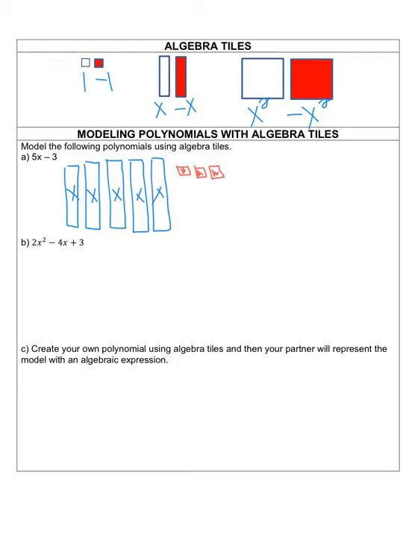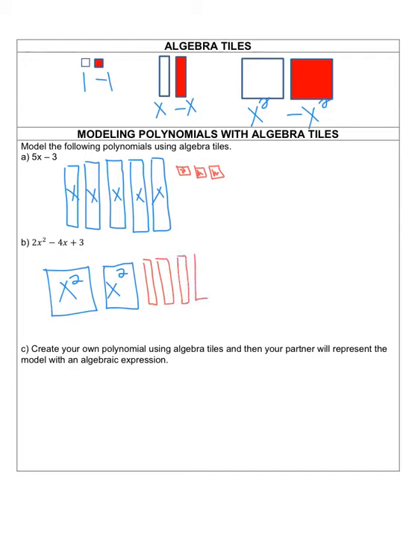Alright, let's look at it together. So if I have 2x squared, I would need 2 of these bigger squares. And then I have 4 x's, but they're negative. So I need to turn them around to the red side and get 4 of those.